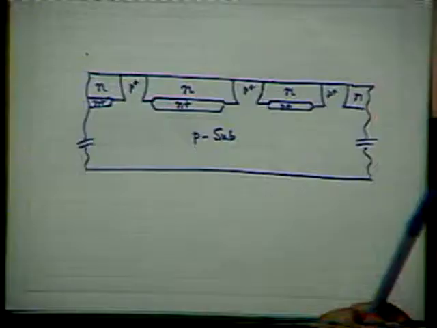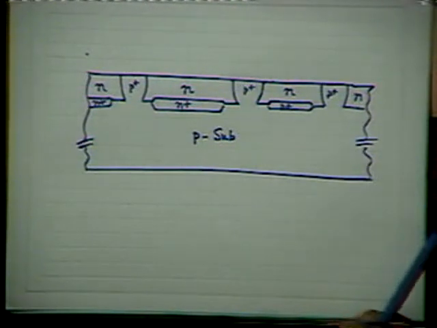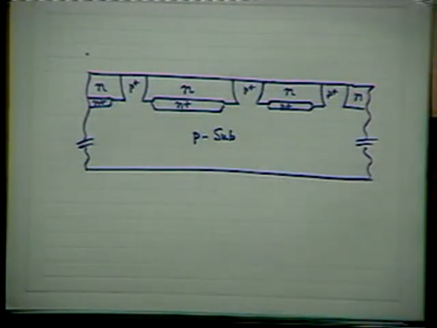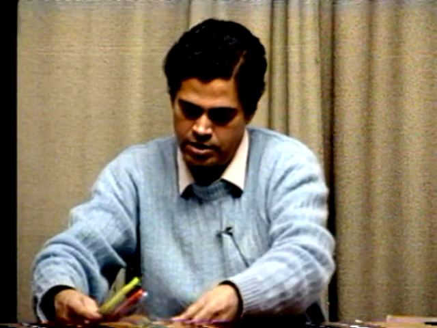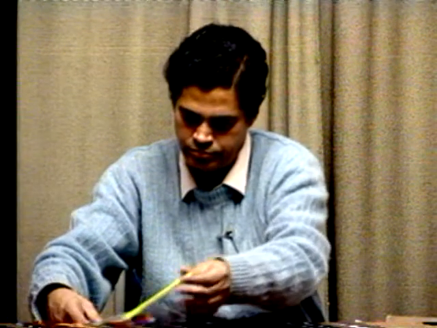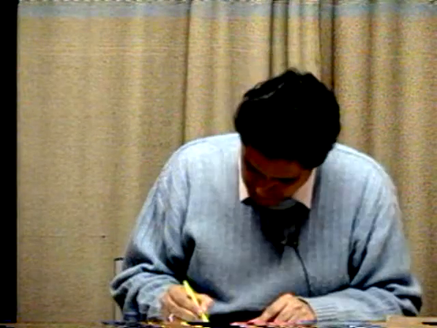Now, you remember the junction capacitance formula for the simple case of a step junction. According to that, the depletion layer width is inversely proportional to the square root of doping. For a step junction or abrupt junction, the depletion layer width is inversely proportional to the square root of the doping concentration. And therefore, if we draw the depletion layers around these structures, it will be something like this.